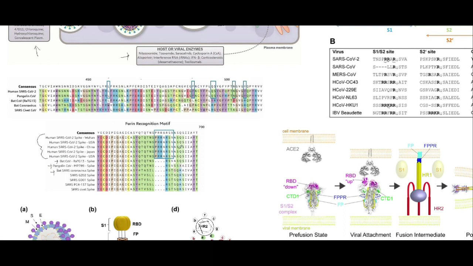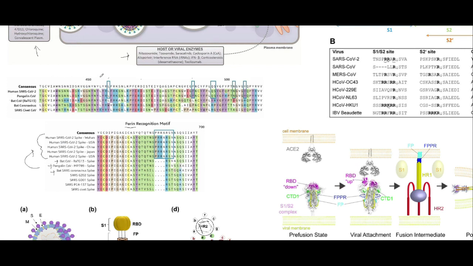What made it jump species from these bat and pangolin species to the human species. And so this cleavage site gives it a different binding to our furin protease, so that it can actually be recognized by the human version of that enzyme.